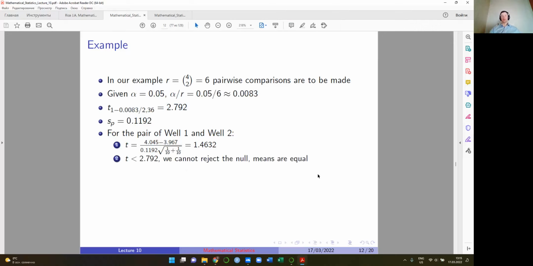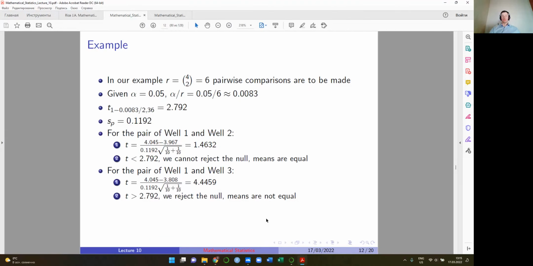If we take the pair of well 1 and well 3, the t statistic is almost 4.45. So there is just a difference in the numerator, the denominator is the same. In this case, the t statistic falls into the rejection region, so we reject the null, and the means are not equal.